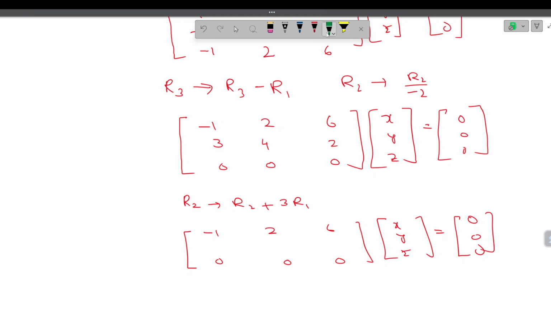Now the only operation is on R2: R2 plus 3R1. 3 minus of plus 3 is 0. 4 plus 2 threes are 6, 6 plus 4 is 10. 6 threes are 18, 18 plus 2 is 20.